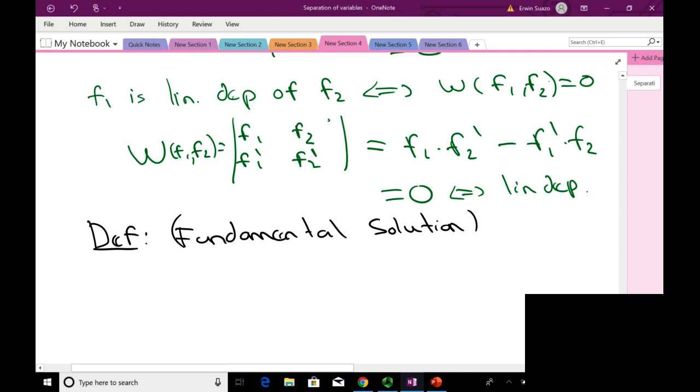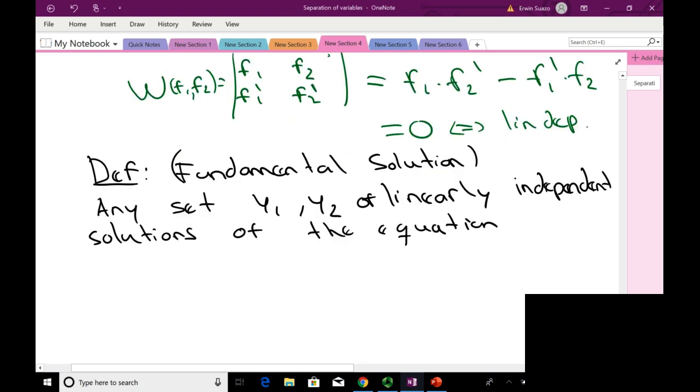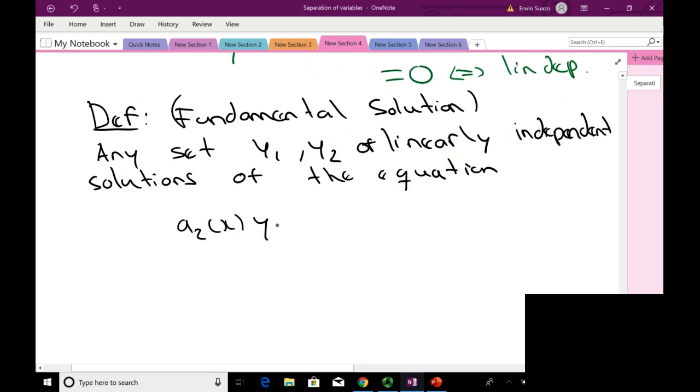Okay, so any set y1, y2 of linearly independent solutions of the equation a2(x) y'' + a1(x) y' + a0(x) y = 0.